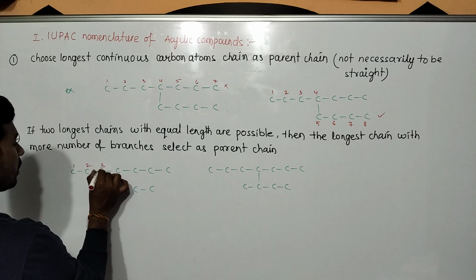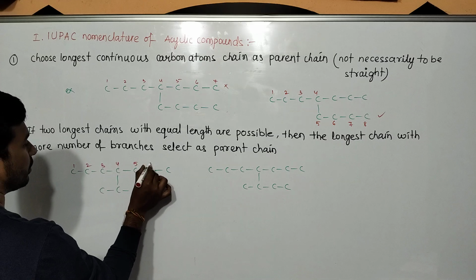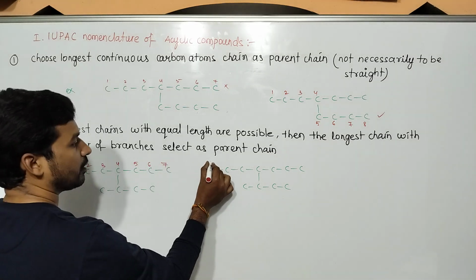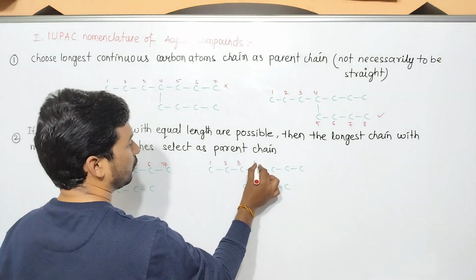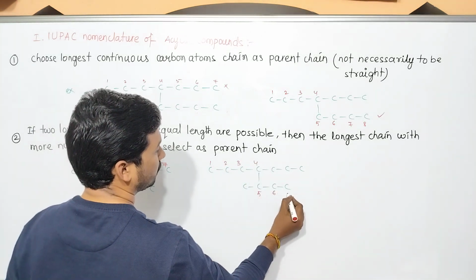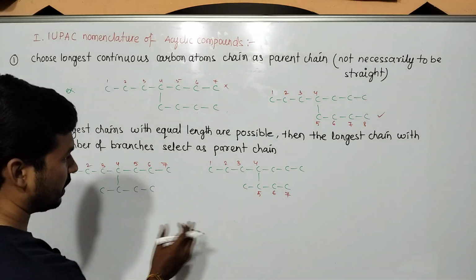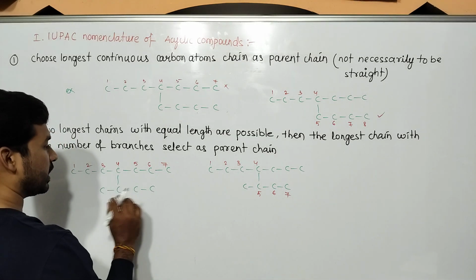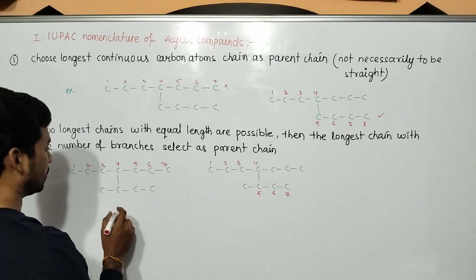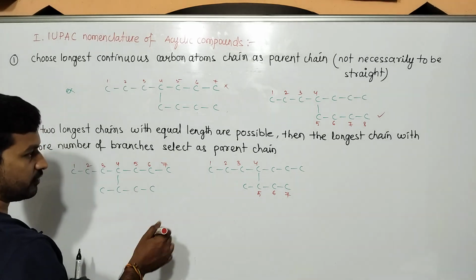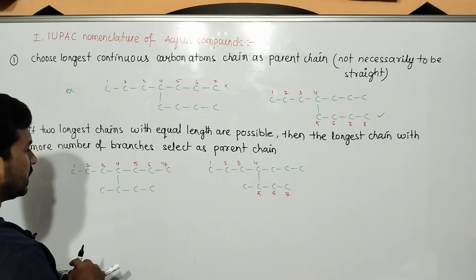Equal lengths are possible. Two chains with equal lengths are possible. If you give numbers like this, 1 2 3 4 5 6 7, both chains are of equal length. For the same example, I am writing two methods, two different numberings.